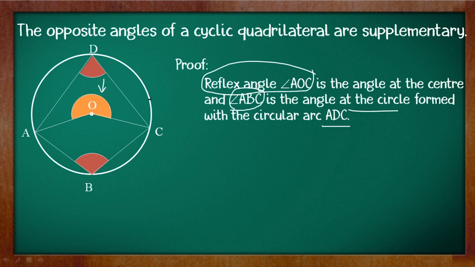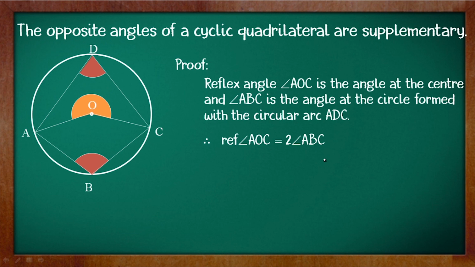This arc also forms the angle at the circle, and that is ABC. We know that the angle at the center is twice the angle at the circle. So reflex angle AOC is twice angle ABC.